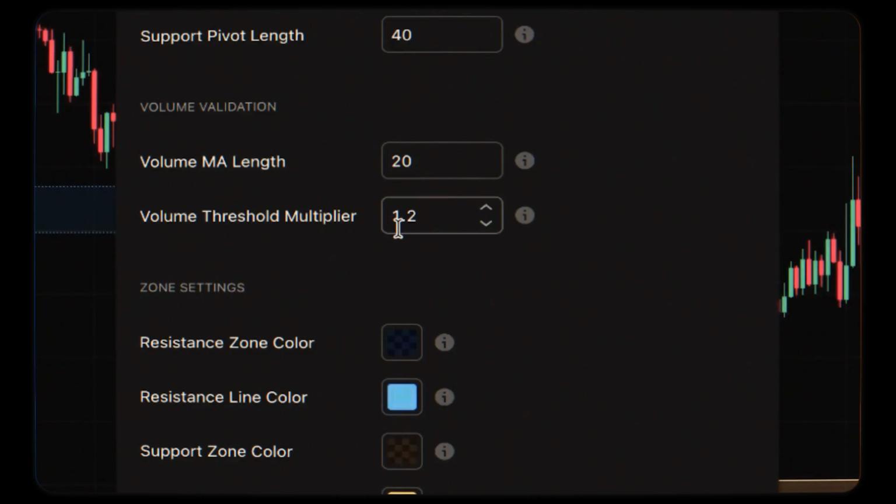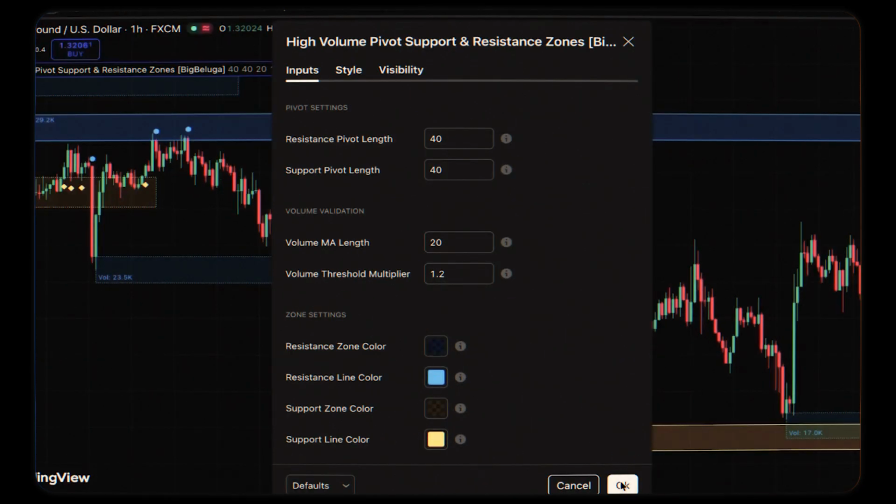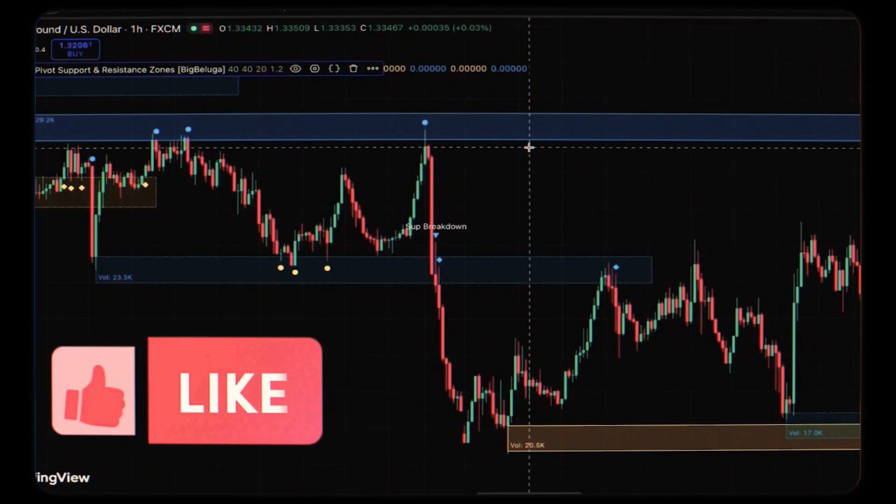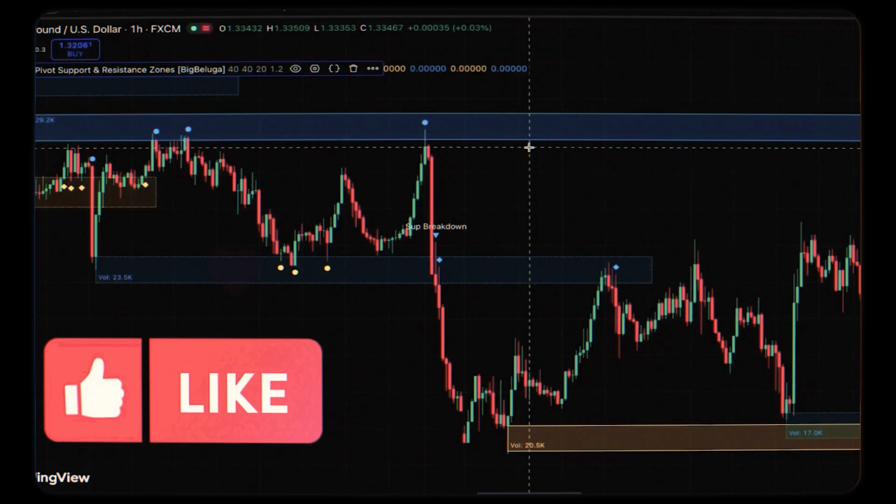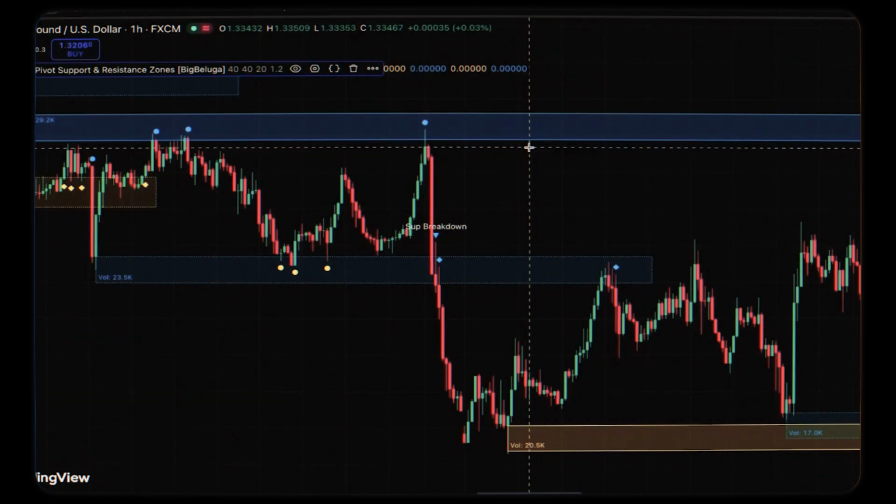So a support or resistance zone is plotted on the price chart only when the pivot volume exceeds the baseline multiplier. So by the help of this method, the indicator filters the weak movement of the market and instead focuses only on high volume movements of the market. That increases the chance of catching the institutional movement of the market.